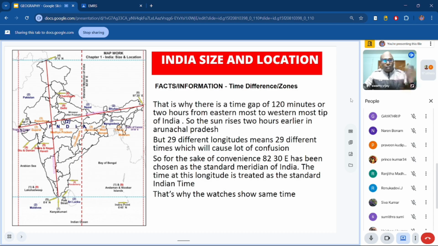So the sun rises 2 hours earlier in Arunachal Pradesh, but the sun rays fall 2 hours late in Gujarat. But 29 different longitudes means 29 different times, which will cause a lot of confusion. So that is why we have taken a standard meridian. 82.30 degrees east has been chosen as the standard meridian, and it is located in Uttar Pradesh.